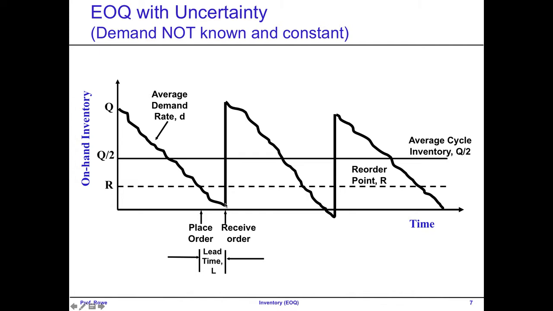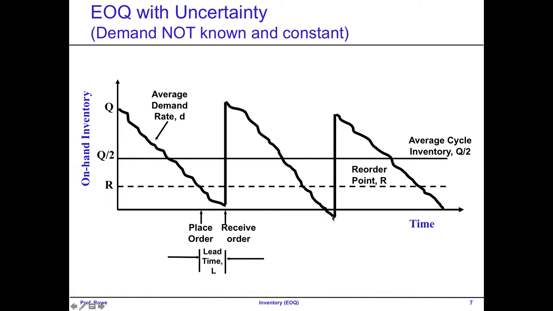We'll end up with more on hand when we receive the new order Q. So we had some inventory left over. We receive it in. This is now going to be higher than just Q, because this Q was assuming that we got down to 0. We receive in Q, and now we're going to be at Q plus whatever the difference was between what we expected over the lead time and what was actual over the lead time.